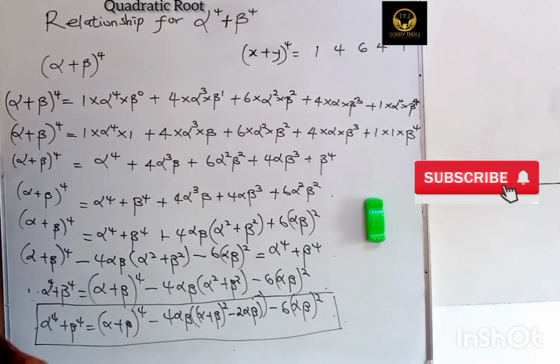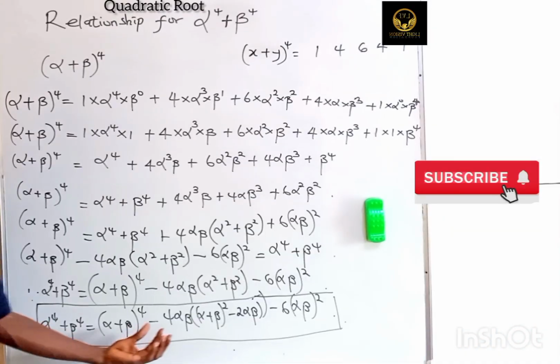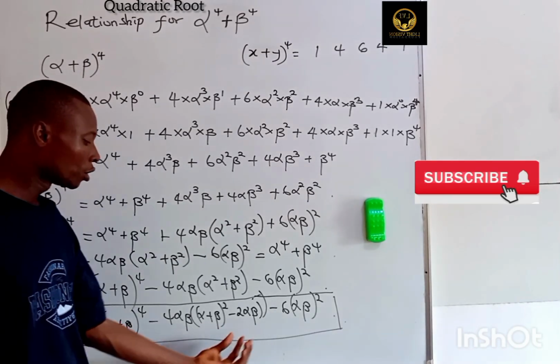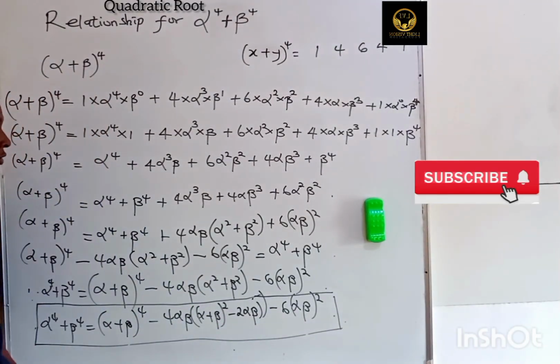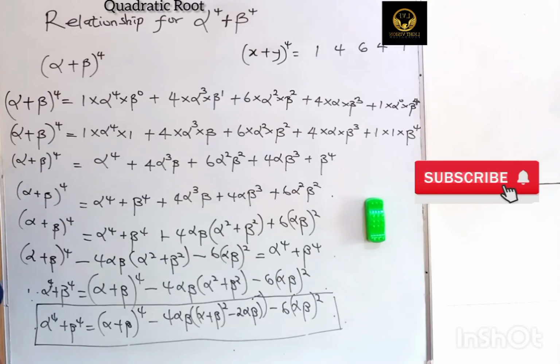Okay, this is the sum of the roots and the product. When you put in the product and sum of the roots, you'll be able to get the solution to the problem.